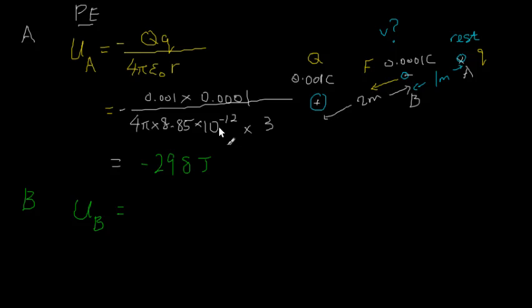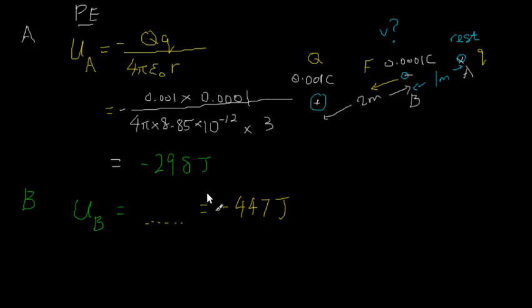So that's 2 meters, which means that I need to do the same calculation, except that I must change the 3 to the 2. So I would carry out the same calculation, and when I do that, with the 3 changed to 2, I'll find that the answer is minus 447 joules. So these are the potential energies at A and B.